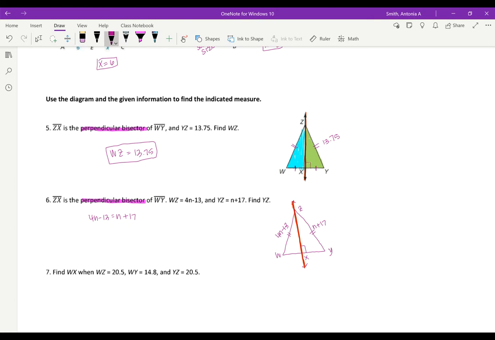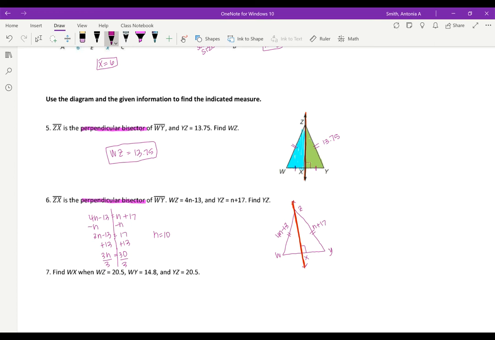Now that's an equation I know how to solve. I want to get all my n's over to one side. So that's 3n minus 13 equals 17. And then add 13. So 3n equals 30. And then divide by 3. So n equals 10. That's not my final answer.